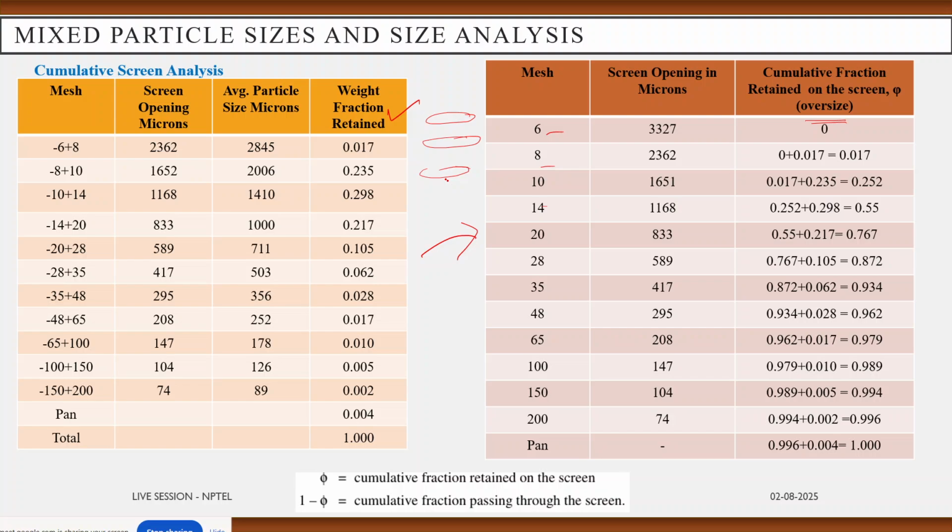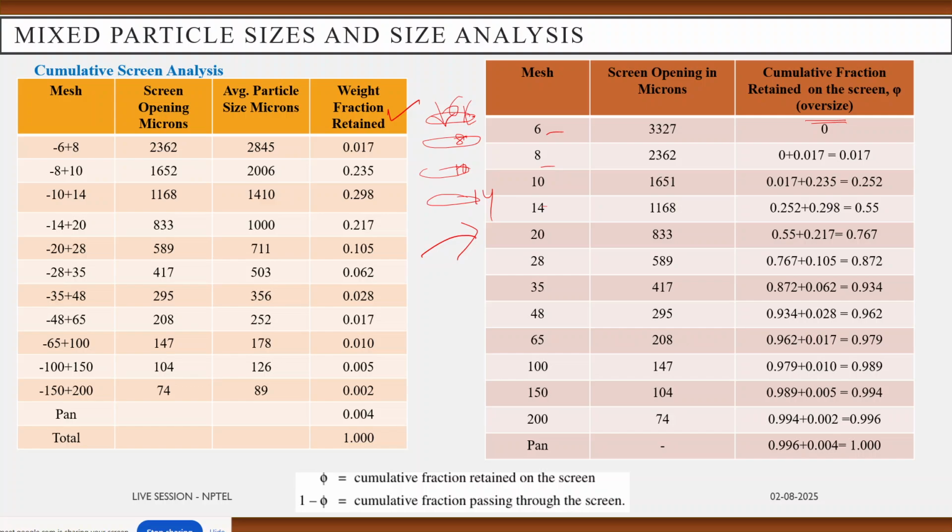So the feed is being fed. Here from the experimental data, there is no feed fraction retained onto the number 6 screen, so it is 0. But we have got some amount of fraction onto screen 8, that is 0.017.